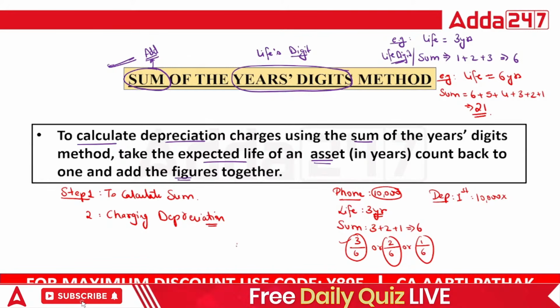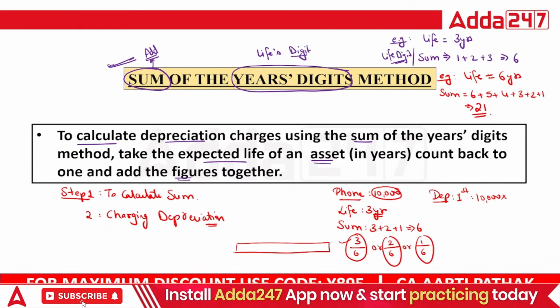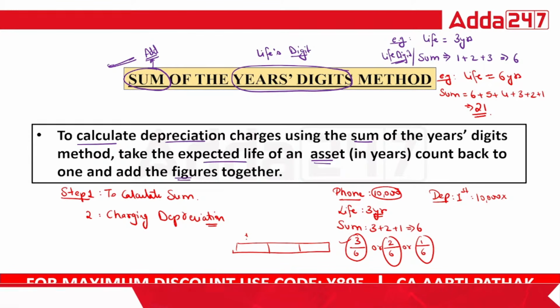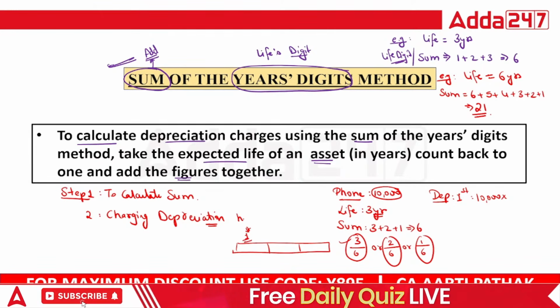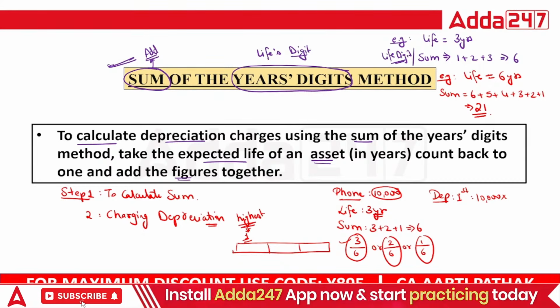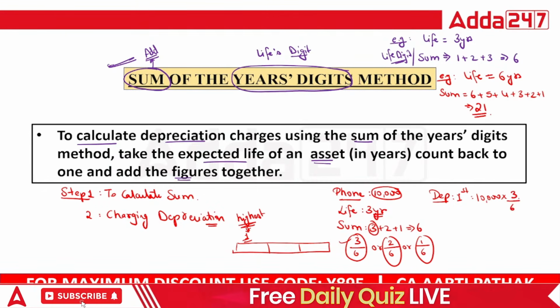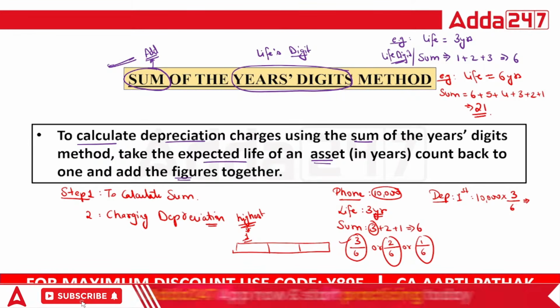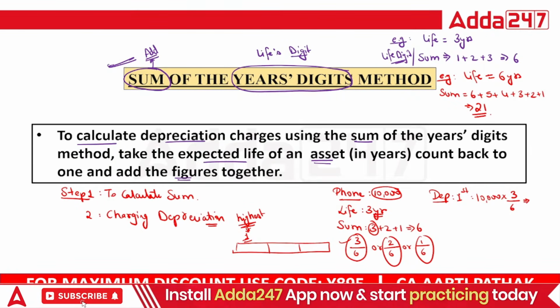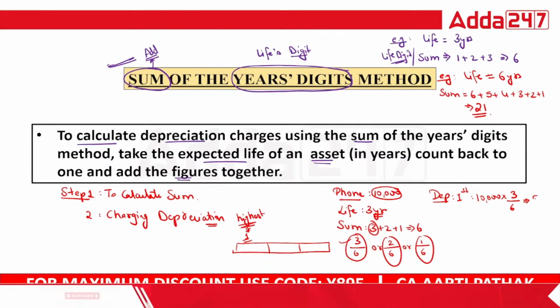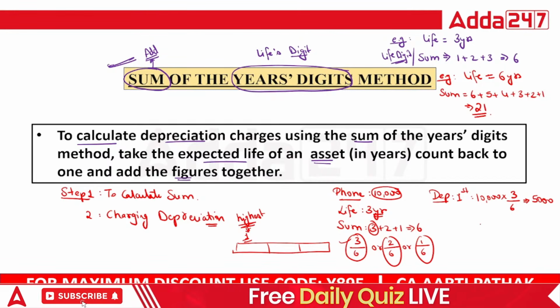So in the first year, I charge 10,000 into 3 divided by 6. So the first year depreciation amount is 5,000.